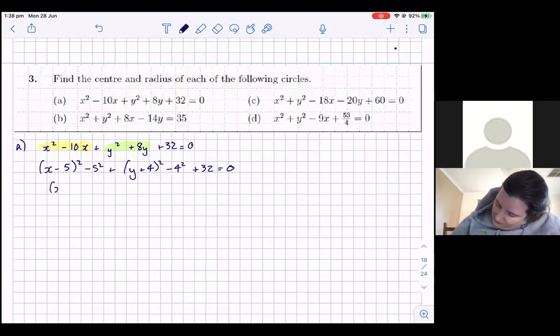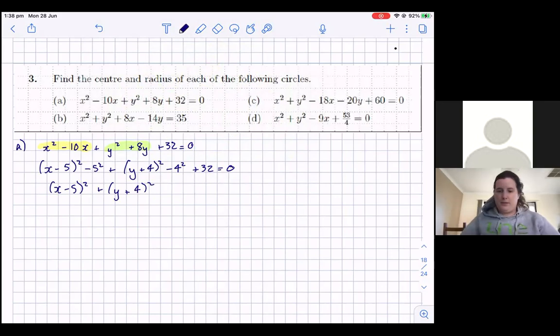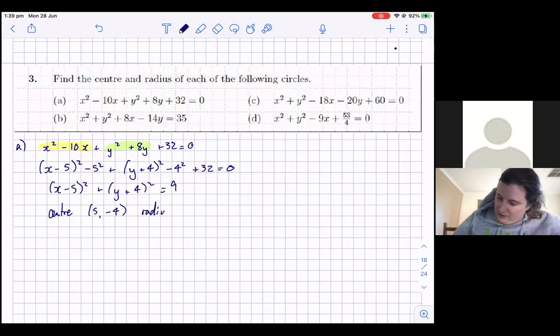So we've got x take 5 squared plus y plus 4 squared. And then we've got negative 25 take 16. I need a calculator. 25 take 16, negative 41 plus 32 take 9. So that equals 9. So the center is at 5 comma negative 4. The radius is at 3.